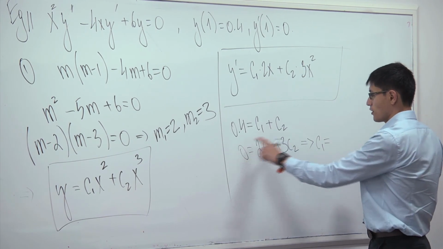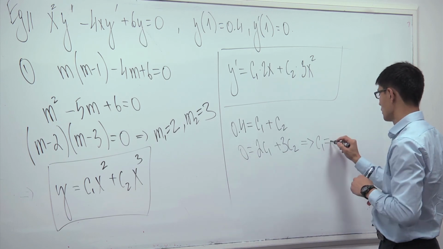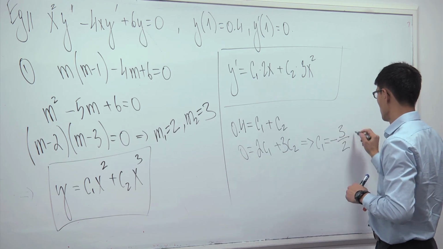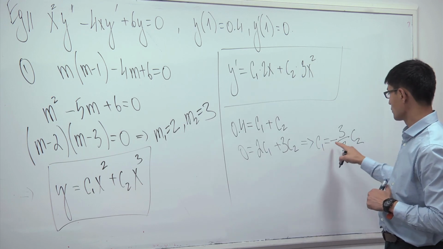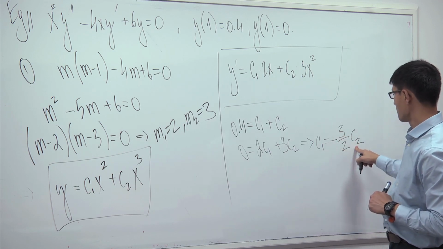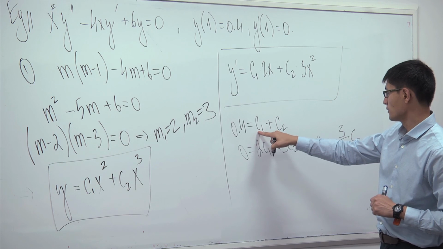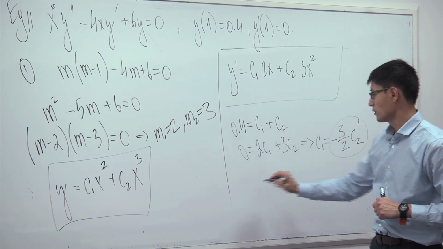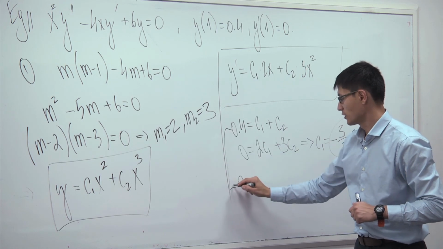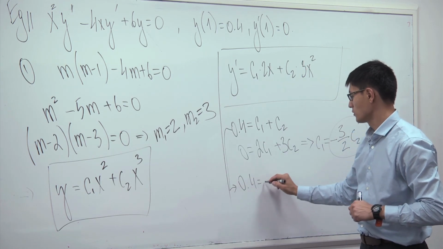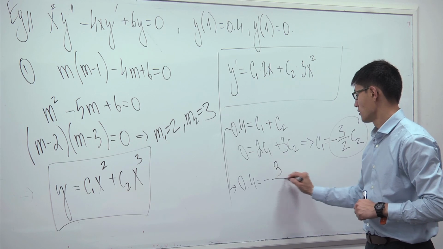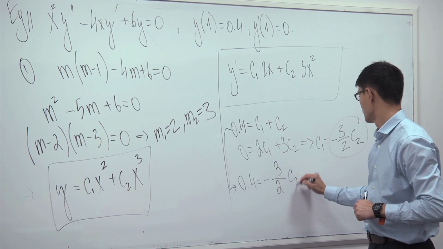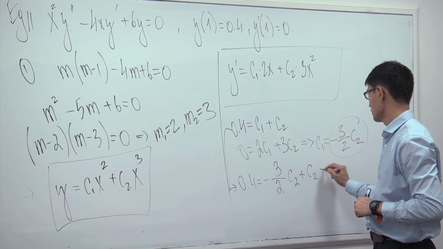So move this term to the other side and divide by 2. So we get c1 has to be equal to minus 3 over 2 c2. And replace this c1 with minus 3 over 2 c2. And I'll get, so down here, 0.4 equals minus 3 over 2 c2 plus c2.